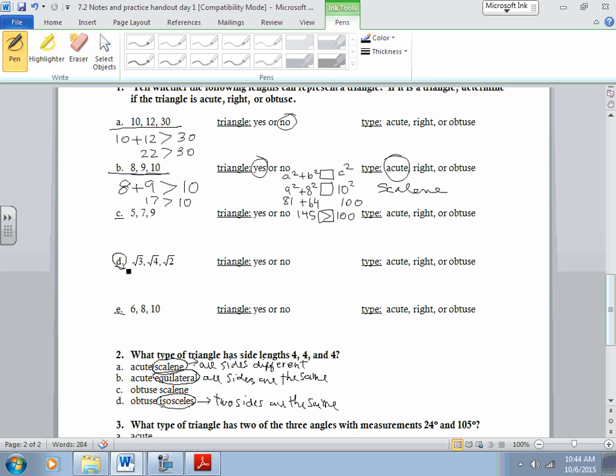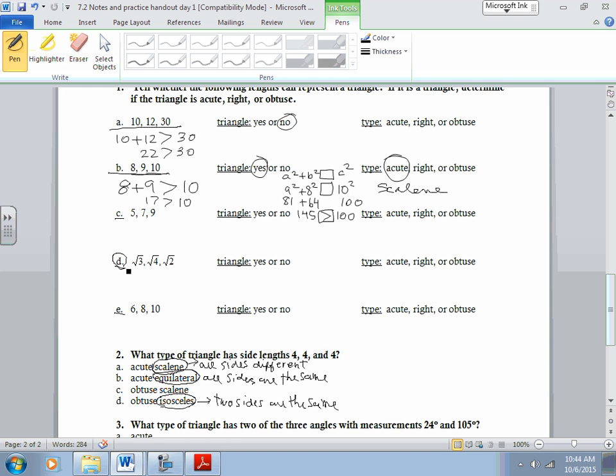All right, you guys try to finish D and E. Second number. And then just check 27. So now you get a squared plus b squared is less than c squared.